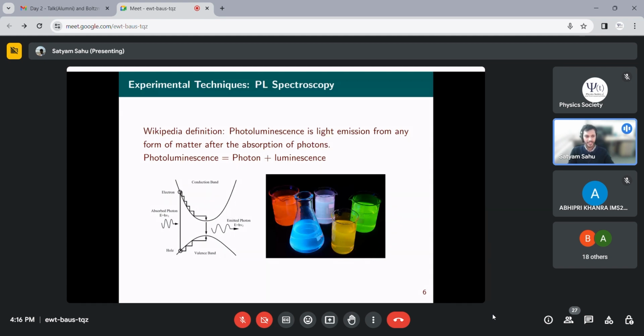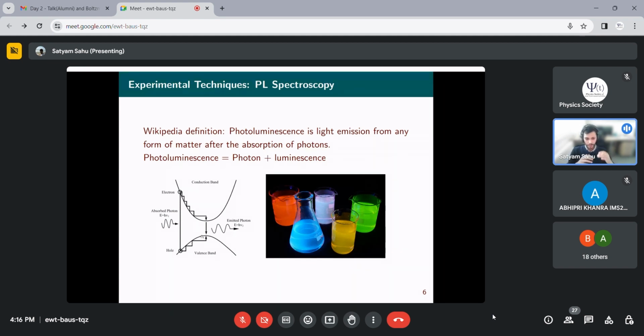The Wikipedia definition says photoluminescence is the light emission from any form of matter after the absorption of photons. So you have the photons which are exciting the carriers from the valence band of the material to the conduction band. And once the electrons are in the conduction band, they always want to go back to the ground state, that is, back to the valence band.